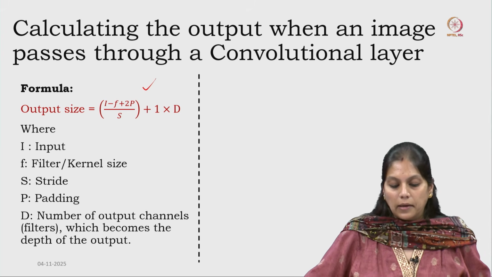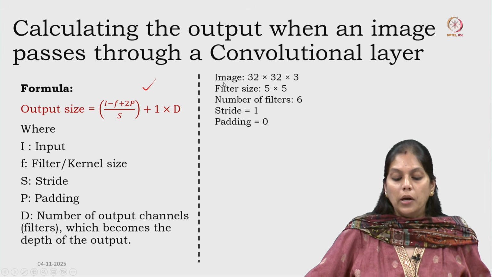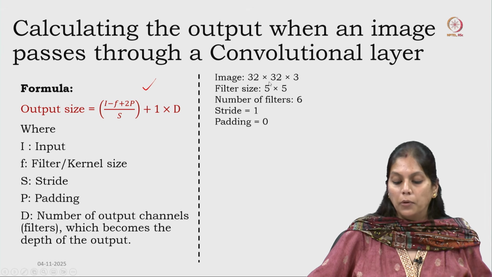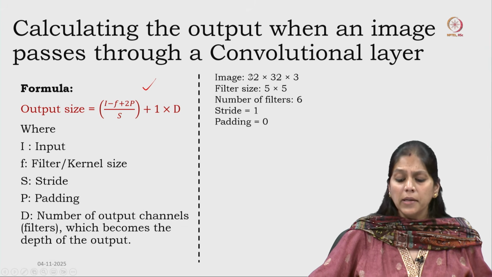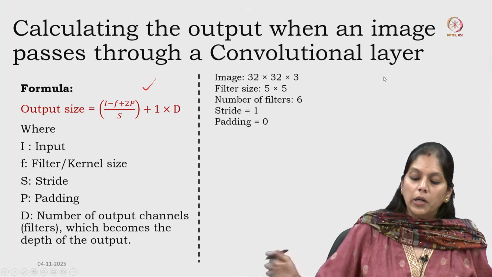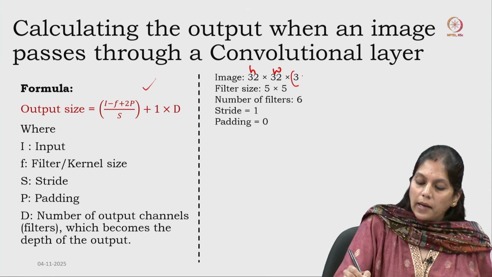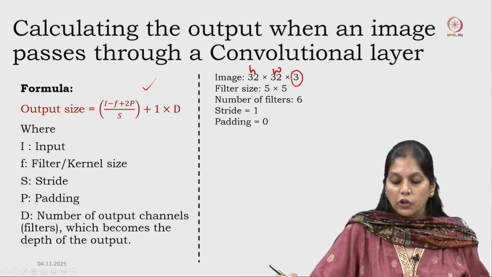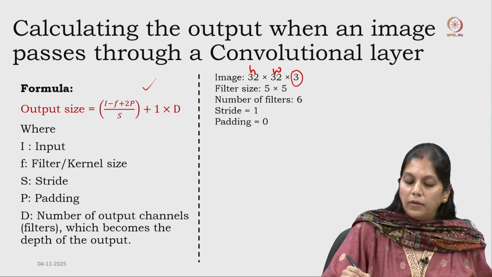Let us take one example. Here the image input size is 32 by 32 by 3, which means the height of the image is 32, the width of the image is 32, and the 3 channels indicate it is an RGB image. What is the filter size?